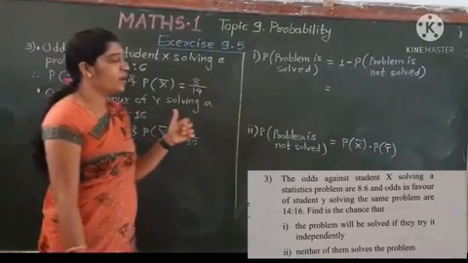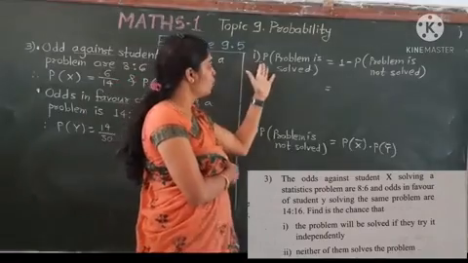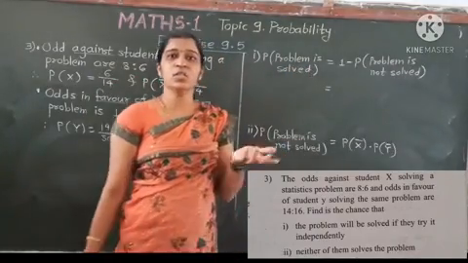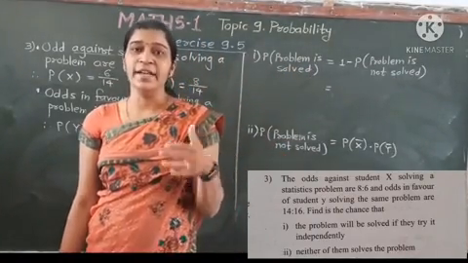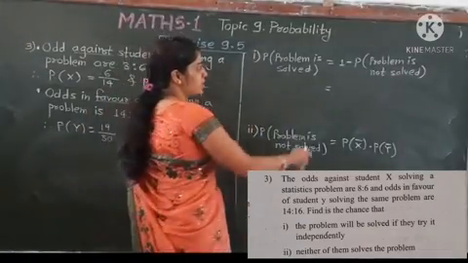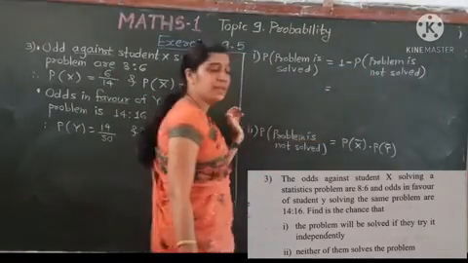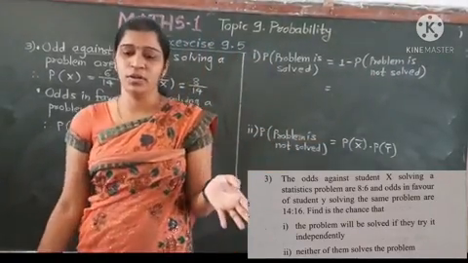Okay, now we have to find first the probability that the problem is solved if they both try independently. It means 1 minus P of problem is not solved.